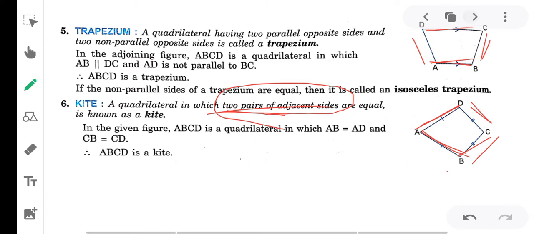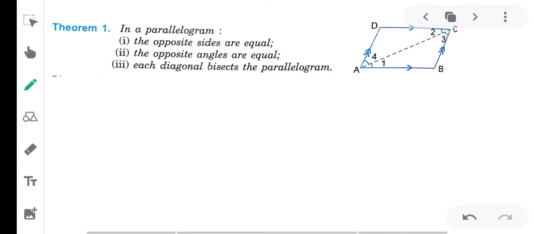Now some properties of quadrilaterals. The proof of the theorem is not so important. The proof of this theorem will not come in your examination, so just remember the statement only.